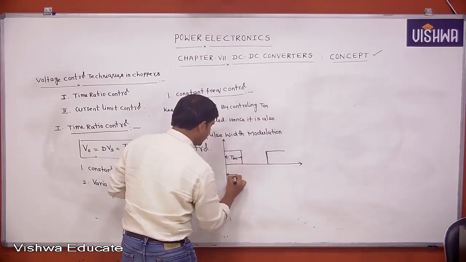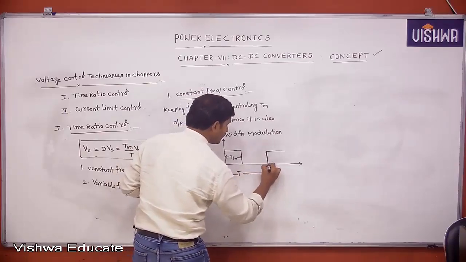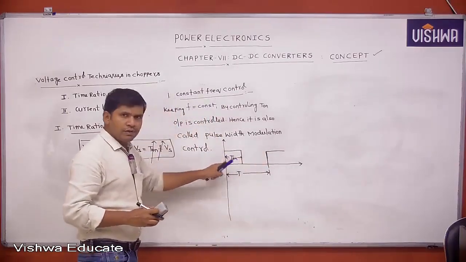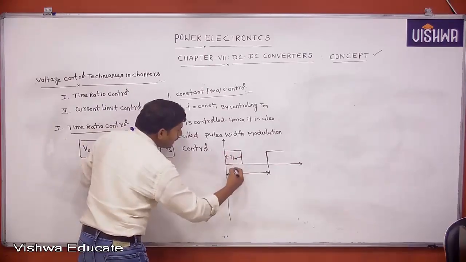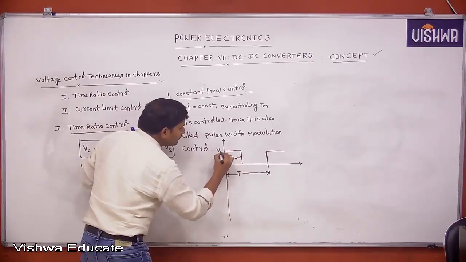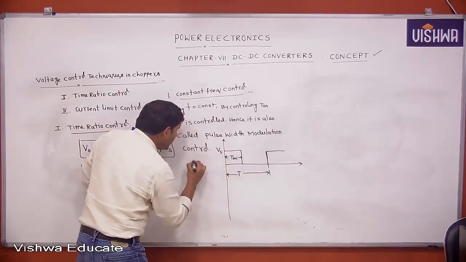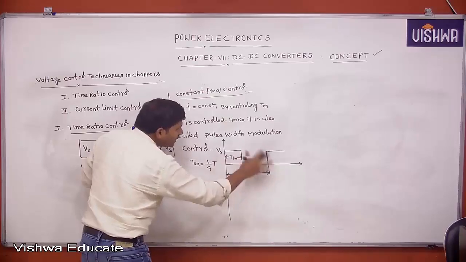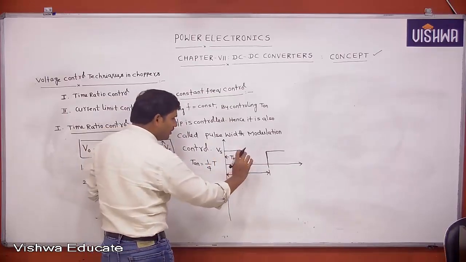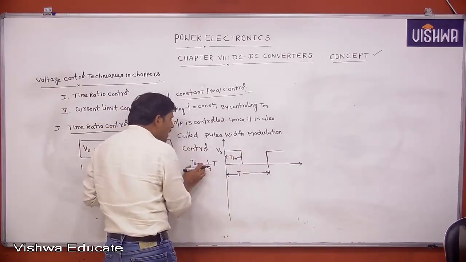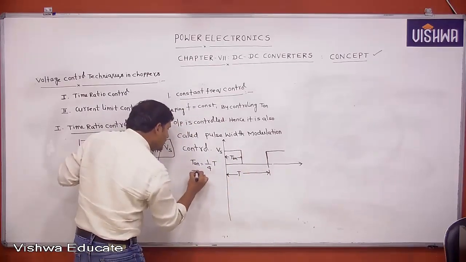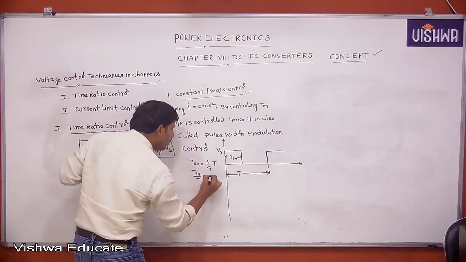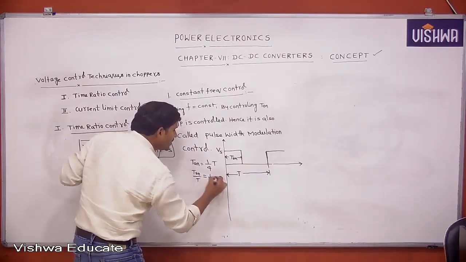This total is T. Just for understanding, take T on as 1 by 4 of T. Then T on by T equals 1 by 4, and T on by T is nothing but the duty cycle.